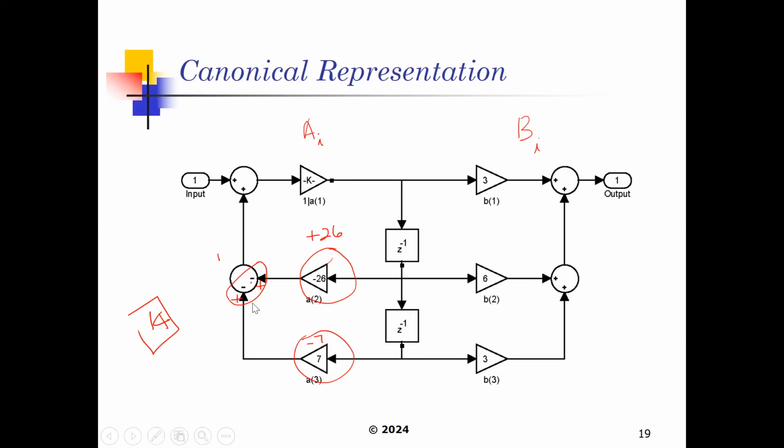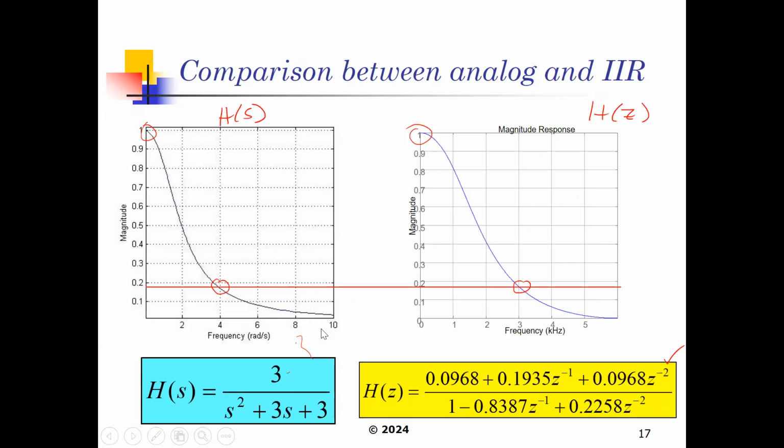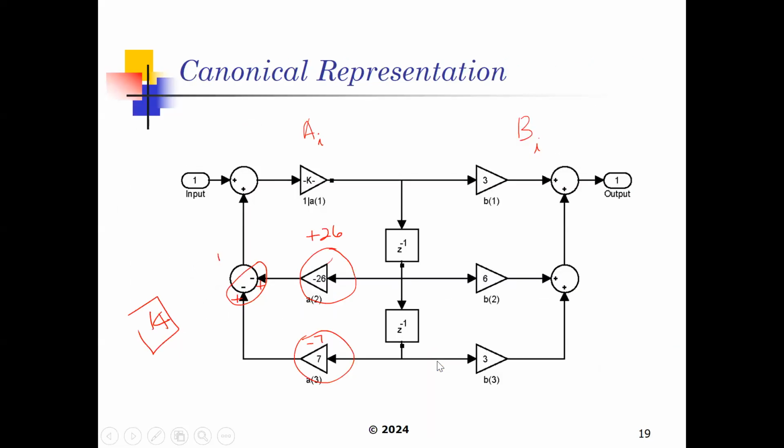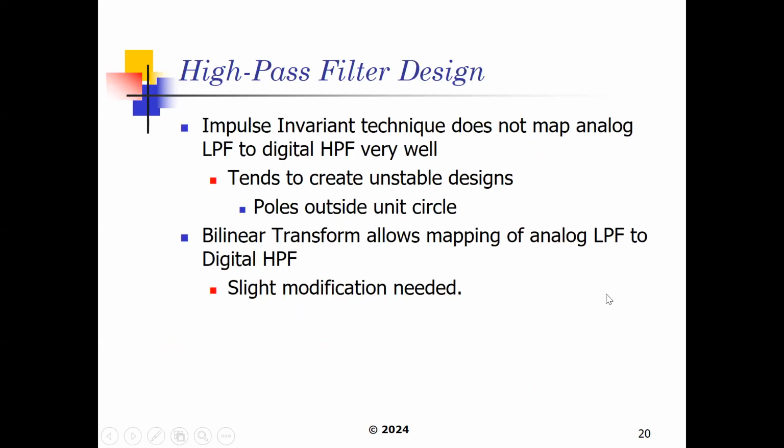I find this version easier, right? And if you look at the transfer function, straight off here, you would see the values. This one, of course, is not quite the representation. The values are different, right? But to give you an idea, this is what a second order transfer function would look like. Okay.